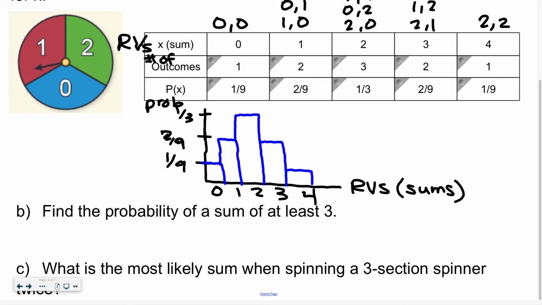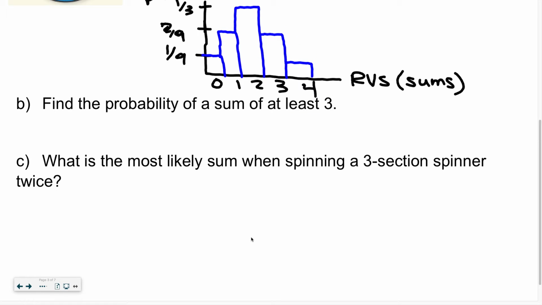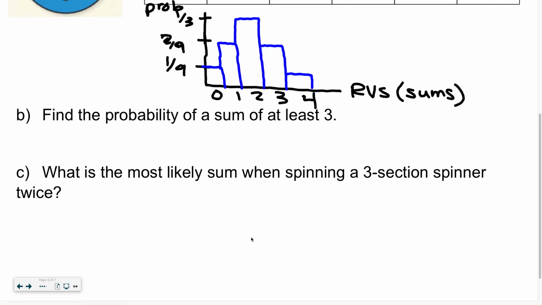Okay. If you were asked to find the probability in letter B about the sum of at least 3, how can you get sums of at least 3? What outcomes are acceptable? 1 and 2? Yes, on the spinner, spinning a 1 and then a 2, but in terms of the sums, which sums are at least 3? 3 and 4, right?